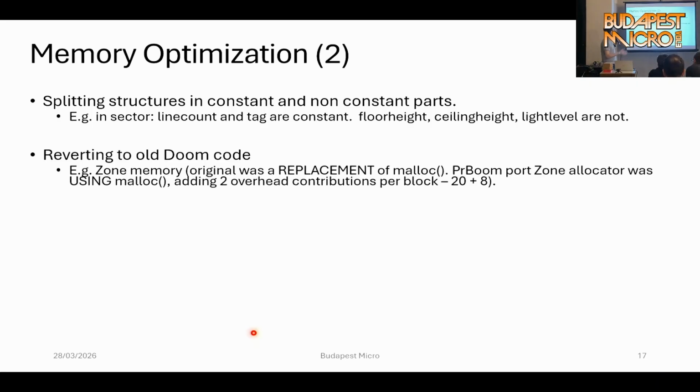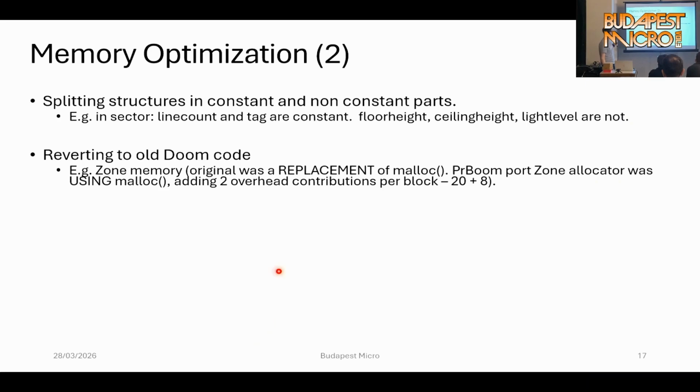Also, I have reverted to the original Doom code, because PrBoom used an enhanced allocator which was based on malloc. Instead, in the original Doom, the zone memory was a replacement for the original malloc.